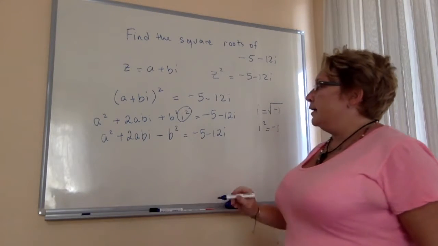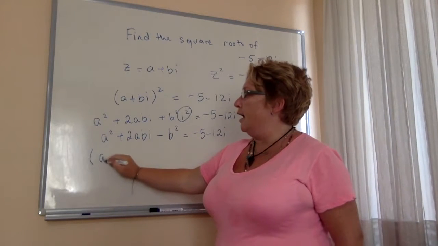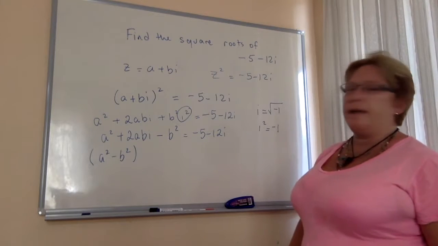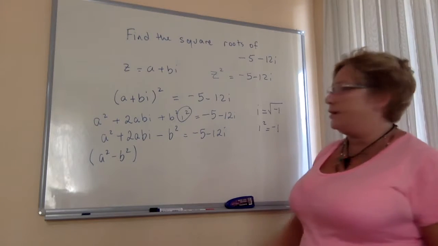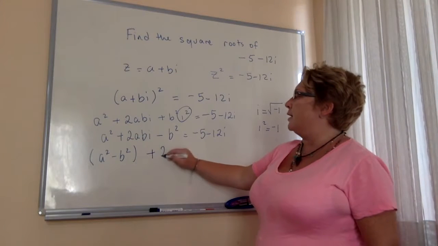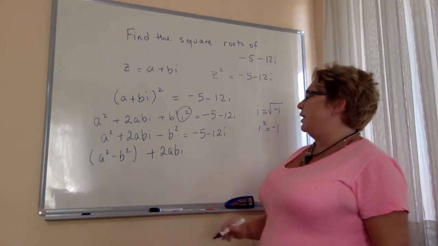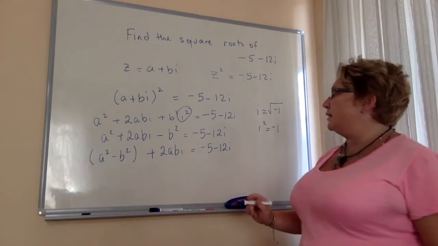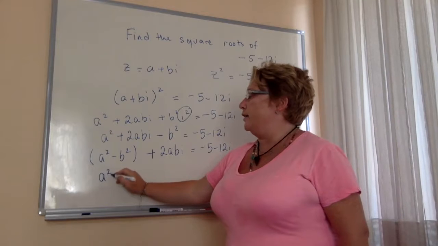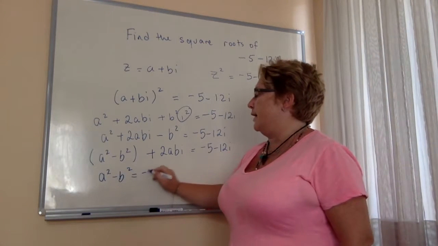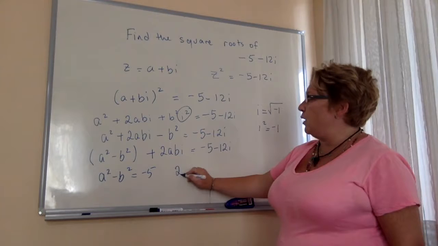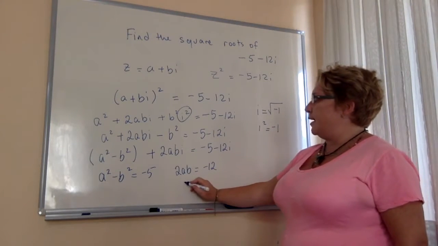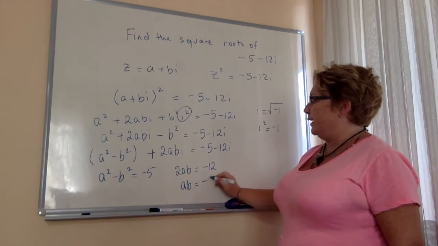Now the real part of the complex expression on the left-hand side is simply a squared minus b squared, and the imaginary part is simply 2ab. So what I can now say is a squared minus b squared equals negative 5, and 2ab equals negative 12. So from this, I get ab equal to negative 6.